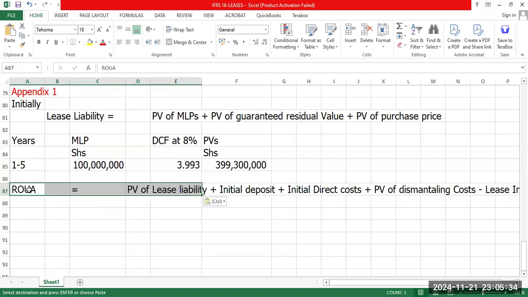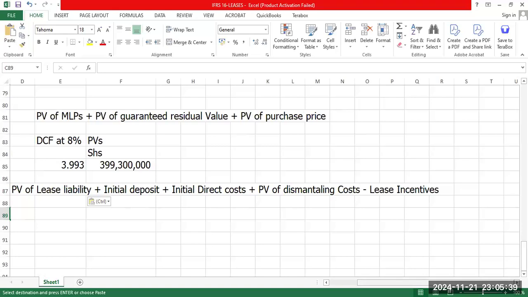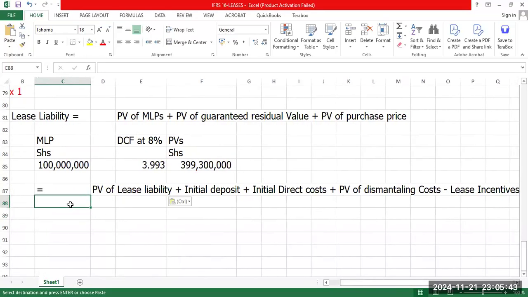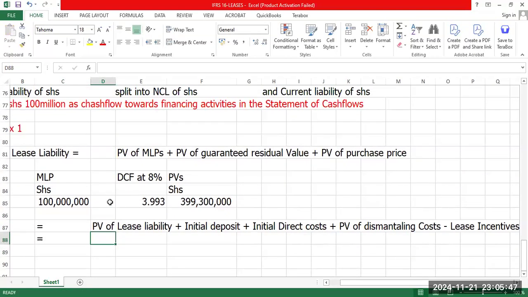Based on this formula, what do we have? In the question, we have the present value of lease liability, 399 million. Plus, do we have initial deposit? In the question, I didn't see any initial deposit. Plus, do we have direct costs?